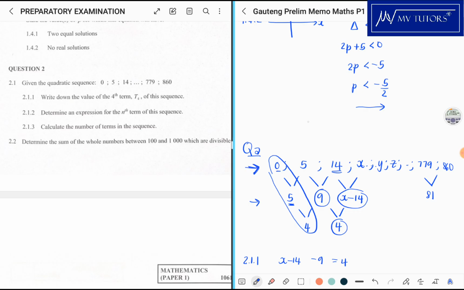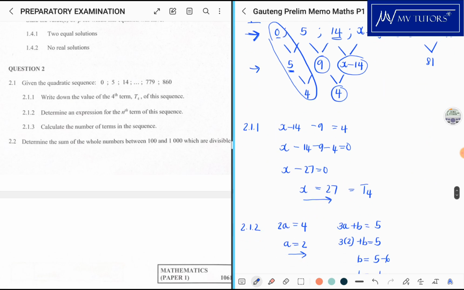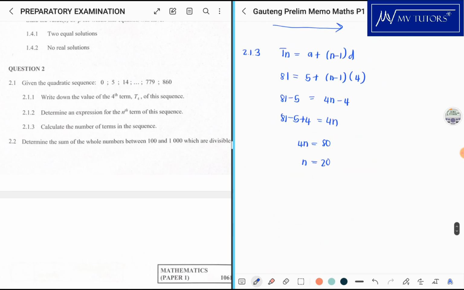Like for example, if I have 4 terms here on the arithmetic, I will have 3 terms. So here I have 20 terms for the arithmetic, meaning for the quadratic sequence, I actually have 21 terms.